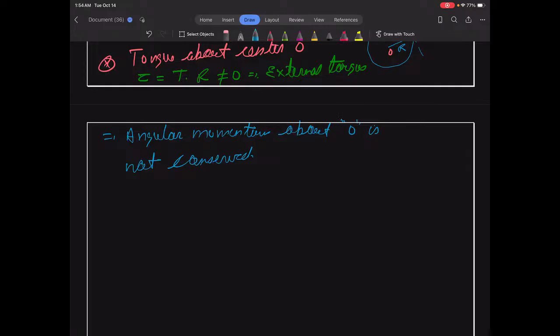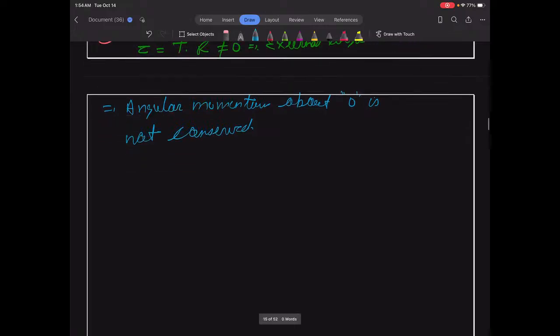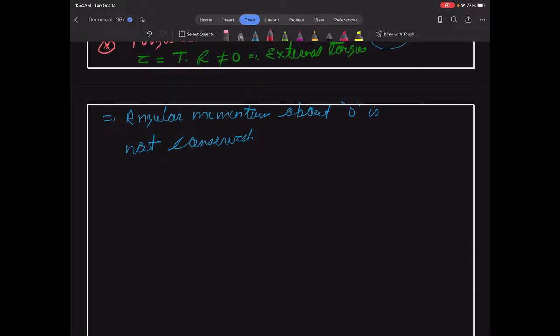And we can also check our energy conservation. So we have energy conservation, and we know that our tension T and the string, the velocity v is perpendicular to each other.